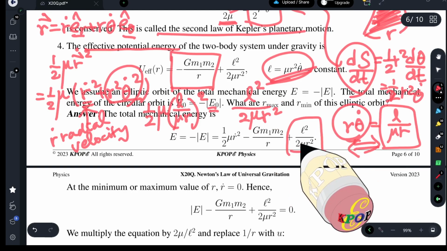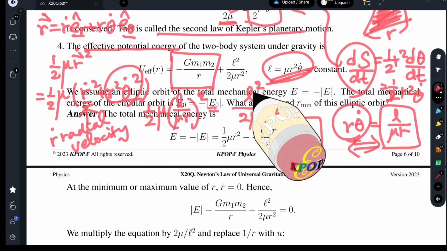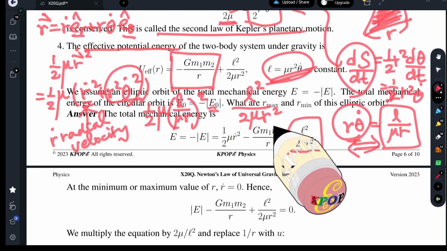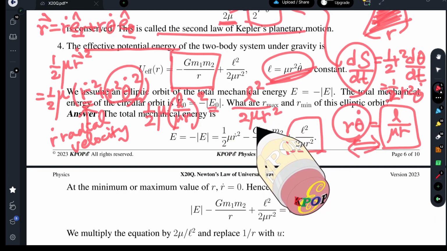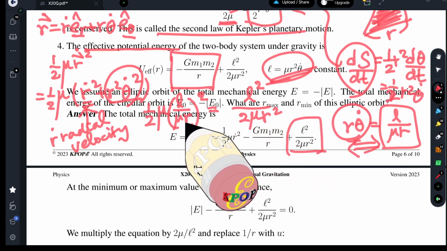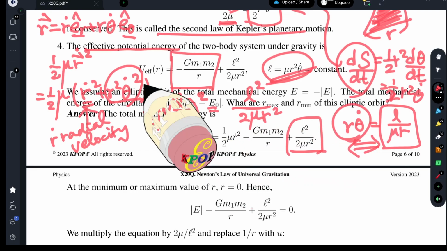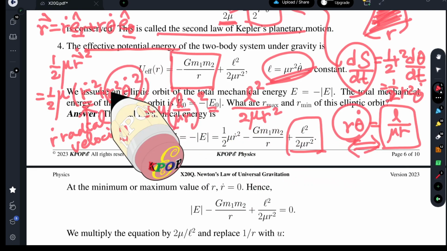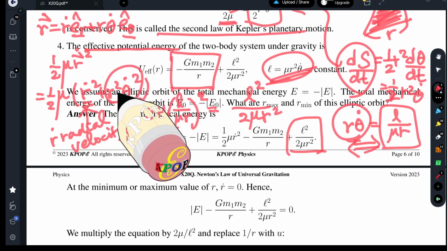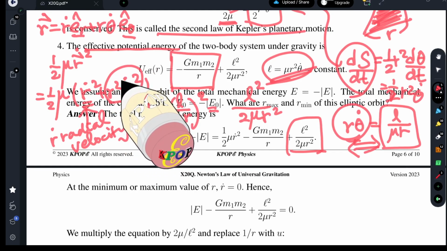Okay. This is indeed depending on the radius, and it behaves like a potential energy. If you integrate out this, we remove this theta dot contribution in terms of radius.